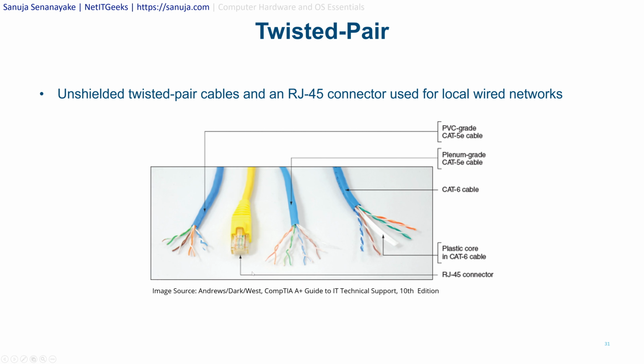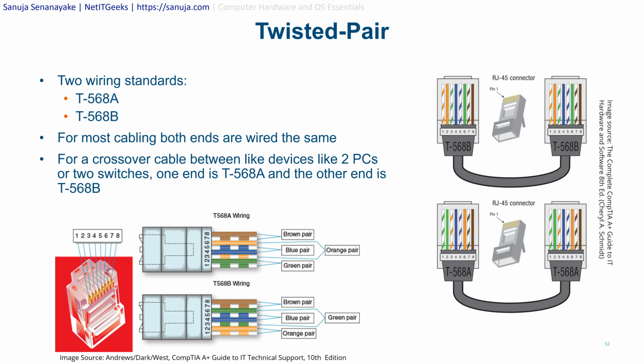So as I mentioned, there are 2 standards, T568A and T568B. Those are the crimping standards for the jacks. Another way of saying it is that those are the standards we use for the ends of those twisted pair cables. And the difference between them is the way the pairs are connected.